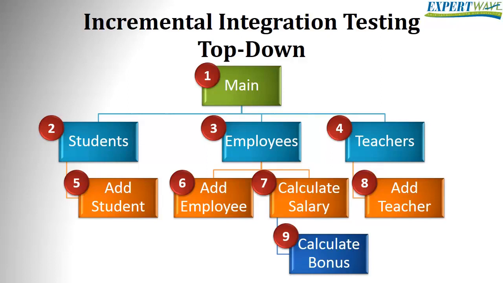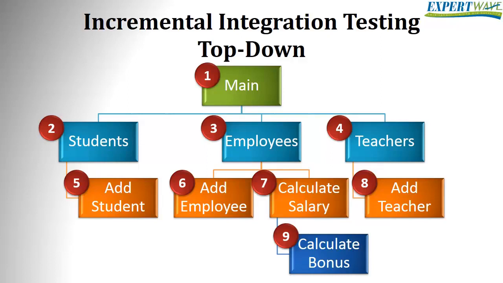Remember, when each component is built, it will go first through the component testing stage, so we assume that each component is working very well by itself at this point. So the order of integration will be 1 and 2, then 1 and 3, then 1 and 4, then 2 and 5, then 3 and 6, then 3 and 7, then 4 and 8, then last 7 and 9.